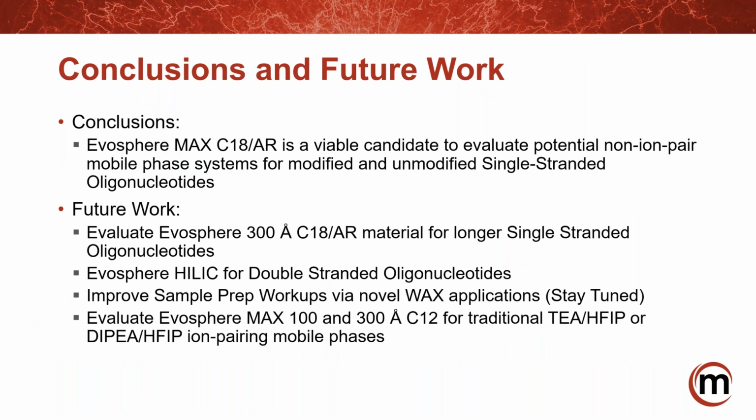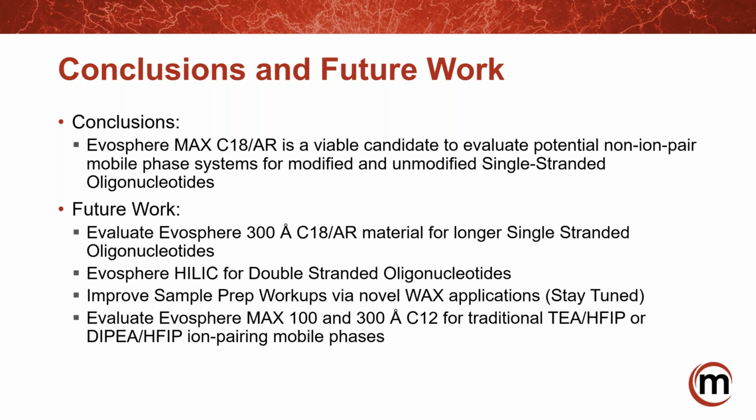So for the conclusions and future work, the C18AR is a viable candidate to evaluate potential non-ion pair mobile phase systems for modified and unmodified single-stranded oligonucleotides. We're going to evaluate the 300 angstrom C18AR as well. On a separate note, we recently validated a method for semaglutide.